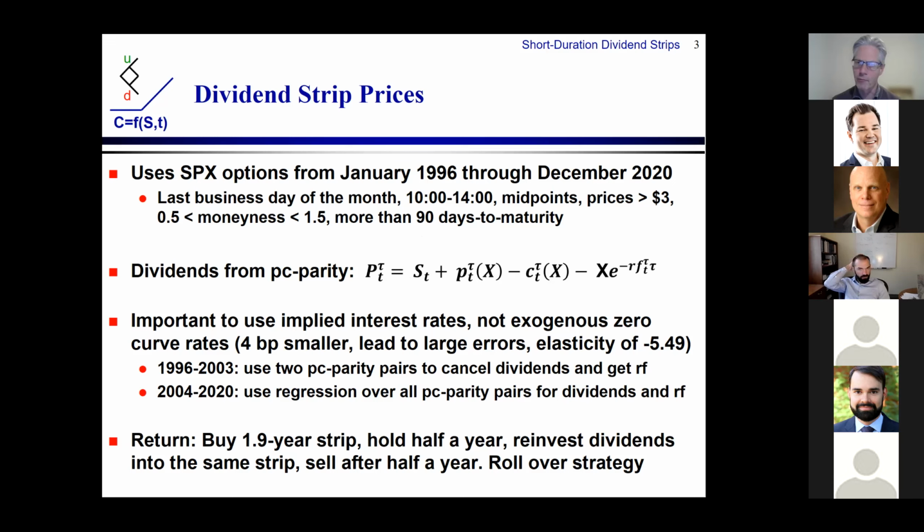So we can solve for the dividend price, the present value of the dividend, and we can also solve for the implied interest rate, that interest rate that these option traders are actually using, as opposed to the exogenous zero rate.